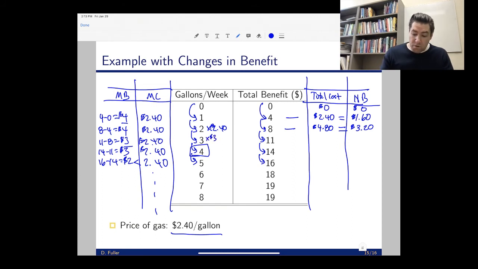If I go to 3 gallons per week, my gas cost is going to go up to $7.20. So when I subtract the $7.20 in total cost from the 11 in total benefit, I've got $3.80 in net benefit. We're still going up. The total cost of 4 gallons of gas per week is $9.60.